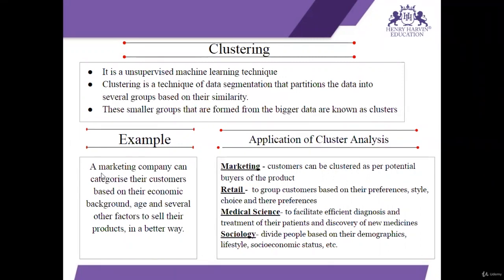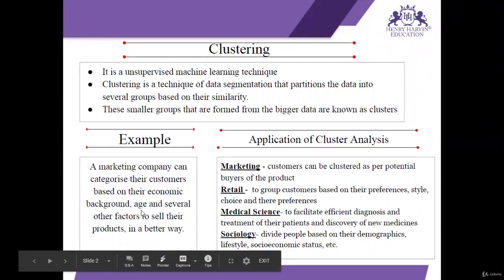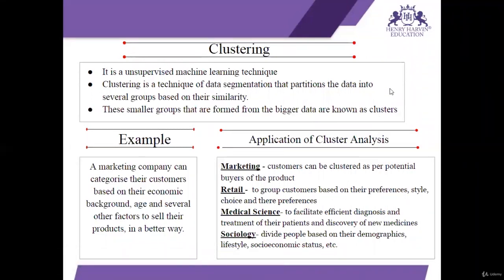For example, a marketing company can categorize their customers based on their economic background, age, and several other factors to sell their products in a better way. Some of the applications of cluster analysis can be used in marketing, wherein customers can be clustered as per potential buyers of the product.